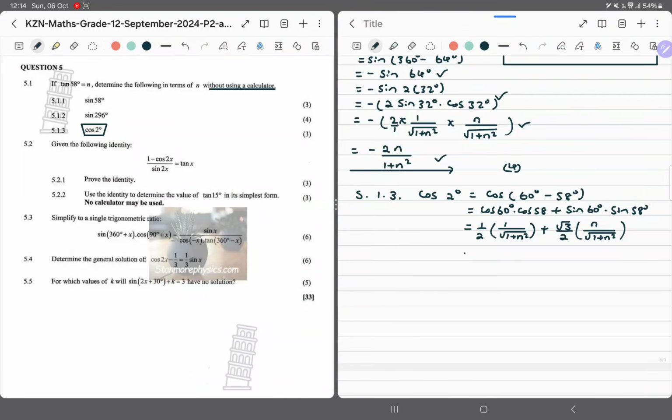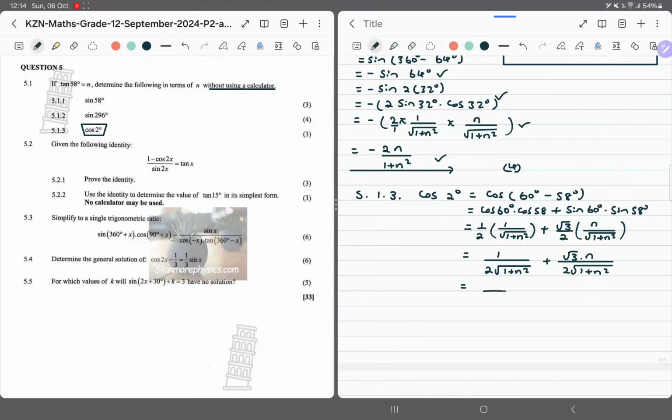Okay, now our job is just to simplify. So numerators multiply, denominators multiply. So this is 1 over 2 root 1 plus n squared, plus again we get root 3n over 2 root 1 plus n squared.